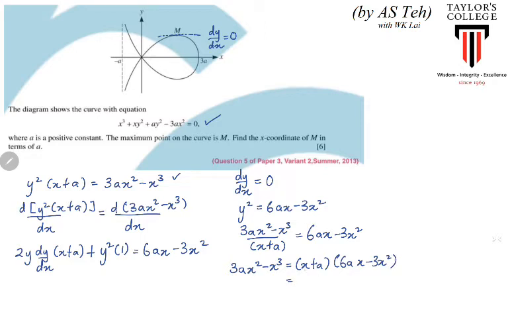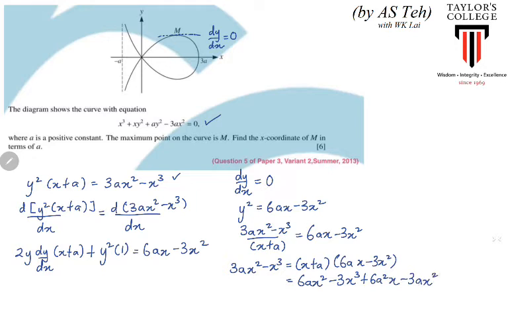Then x multiplied by 6ax becomes 6ax squared, and x multiplied by negative 3x squared becomes minus 3x cubed. a multiplied by 6ax becomes plus 6a squared x, and a multiplied by minus 3x squared becomes minus 3ax squared.